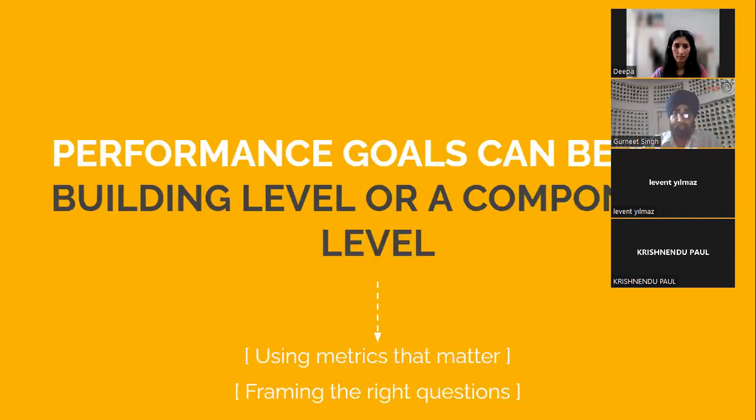Yeah. So these performance goals can be at a building level or at a component level. You can say that overall, I want to achieve a certain energy performance index, so that is the metric that I am trying to use, that is kilowatt hour per square meter per year. Or you can go by an absolute number, that I would like to be lower than a certain threshold at a building level.